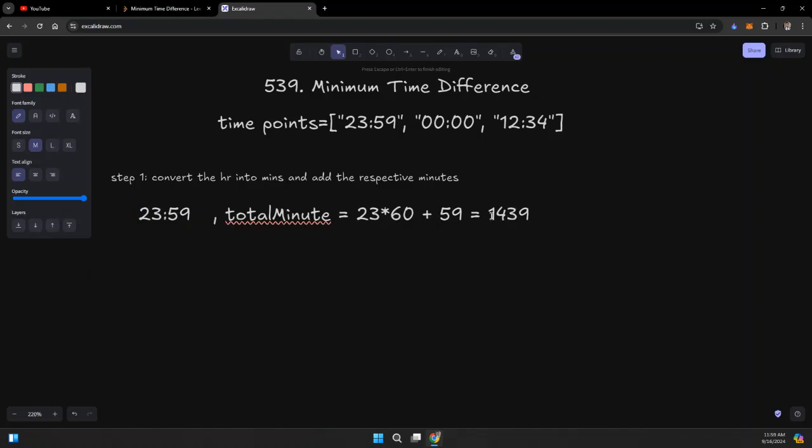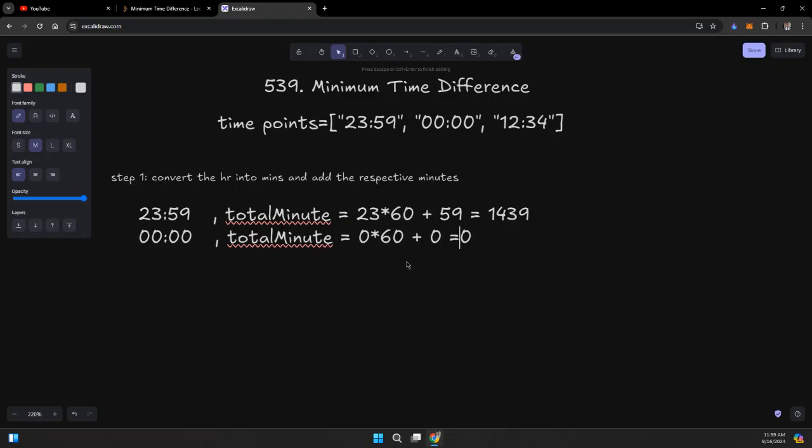1439. Cool. Similarly, moving on to the next iteration, 00:00, the total minutes here will be 0 into 60 plus 0, that is 0.